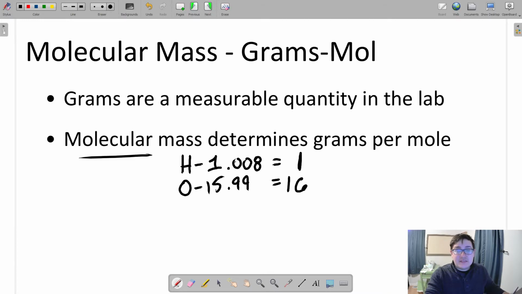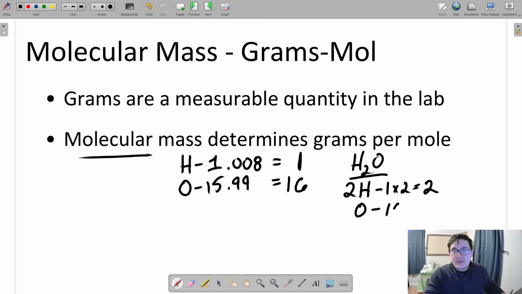Okay, but remember, this is H2O we're going to deal with. So, actually, sorry, I'm getting ahead of myself. We're going to be finding out the mass of H2O. So H2O has 2 hydrogens. So it's going to be 1 times 2, because the mass of hydrogen is 1. There's 2 of them, so it's going to give us 2. Then we're also going to have oxygen, which has a mass of 16, and there's 1 of them.